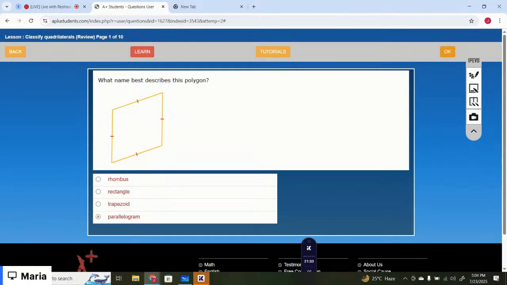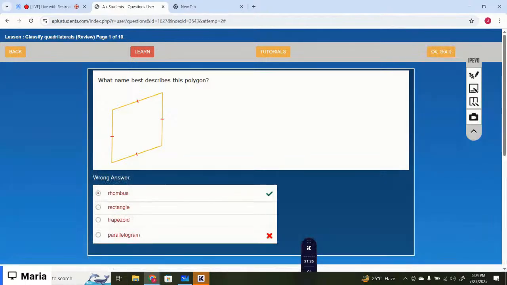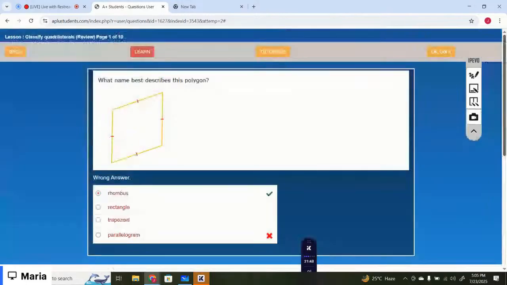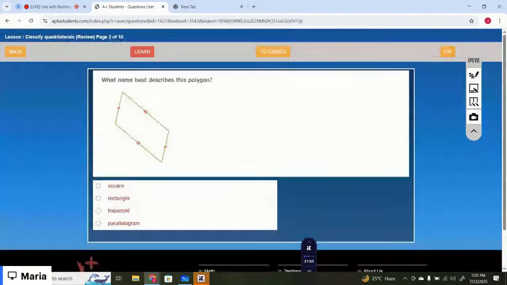Option number 4 is the correct option. Or rhombus it is. The sides are congruent, so the polygon is best described as a rhombus. The correct option is rhombus. Option number 1 is the correct option.